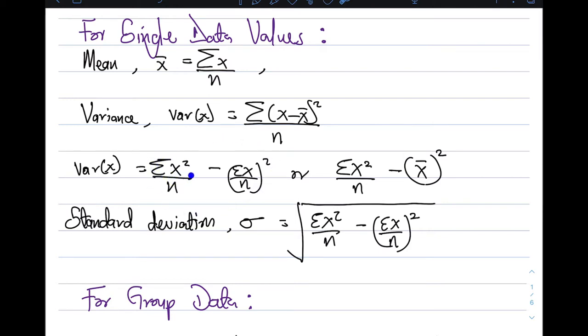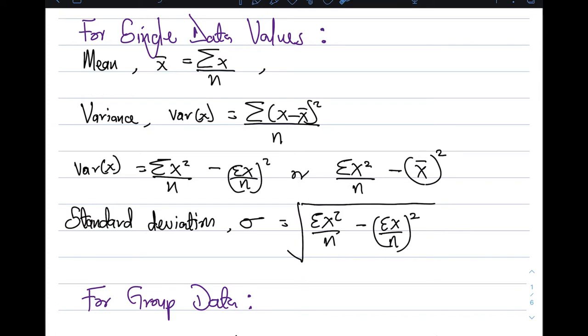So it's sigma x squared over n minus the mean, because this is the mean, sigma x over n, all squared. So it is the sum of x squared values divided by n, minus the mean squared. That's all. Now, if you don't want to write it this way, you can write it in that way. That is also fine. The only difference between what we have here and what is here is the mean. Here we wrote the formula for the mean, and this is just the symbol for the mean.